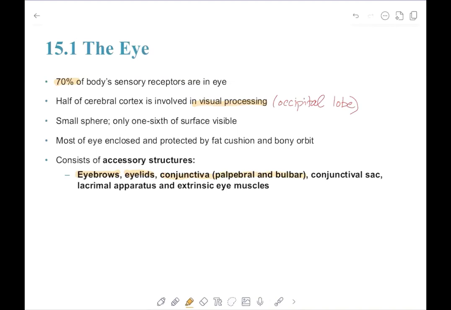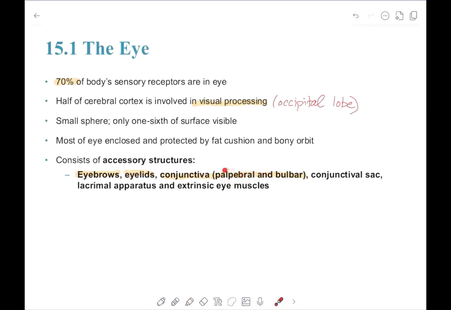There's a conjunctival sac, and the conjunctival sac would be where a contact lens would sit or where you would administer eye medications. So the conjunctiva is really a transparent mucous membrane that can be infected and cause things like pink eye.